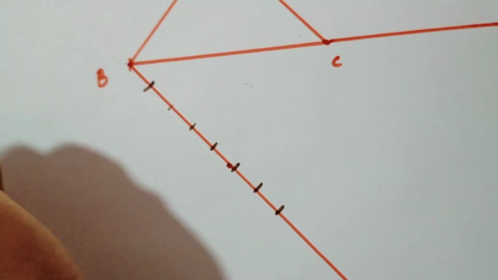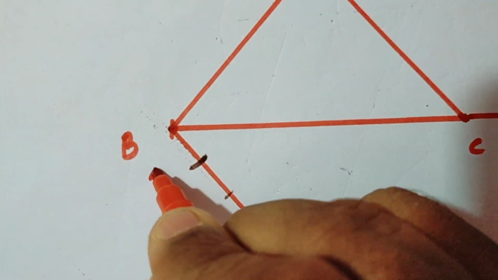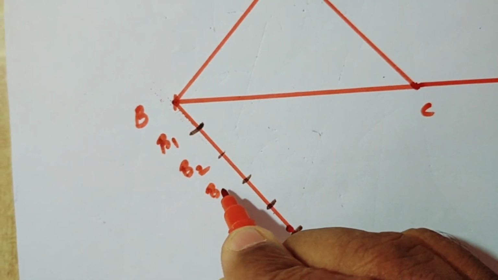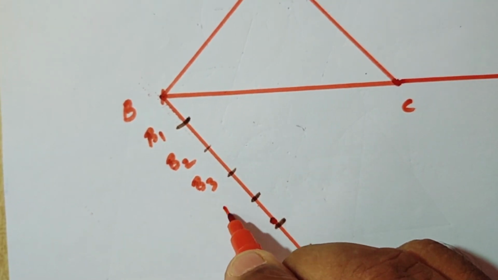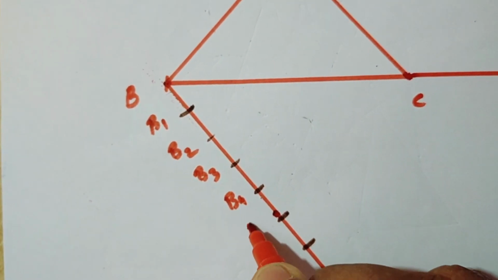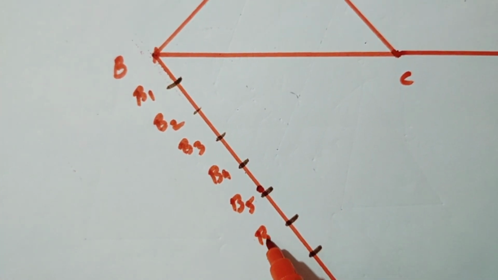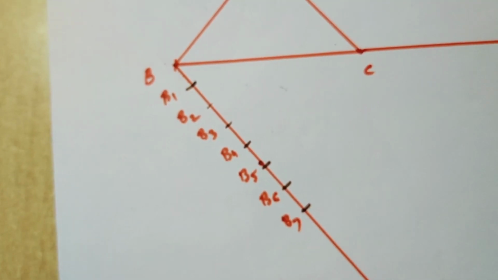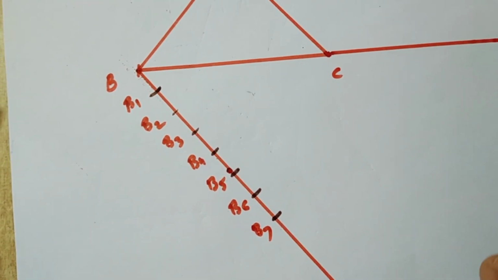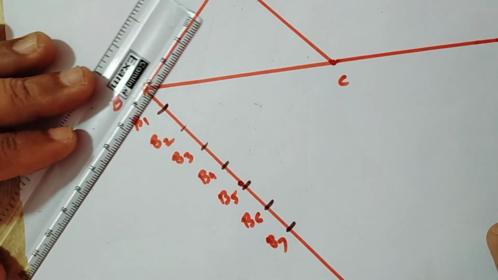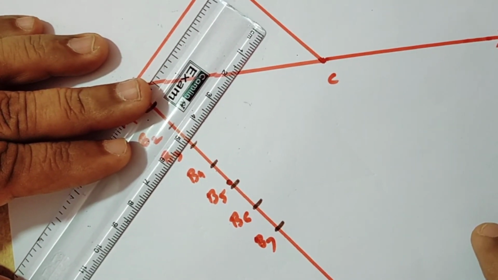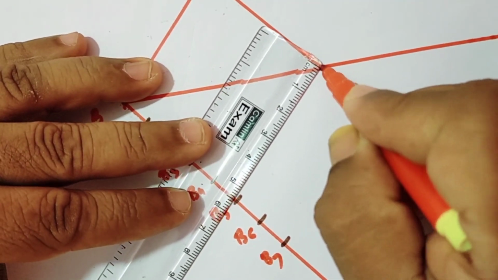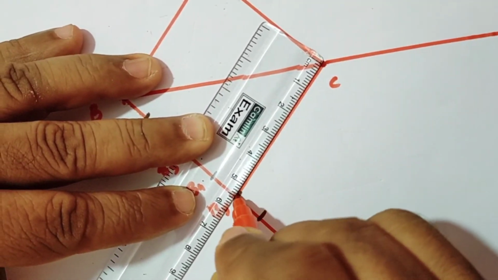We can give here names: B1, B2, B3, then B4, B5, B6 and B7. Now AB is 5 parts, means BC also 5 parts. So you join B5 with C, B5 with C in this way.